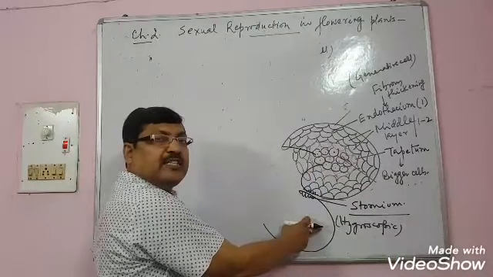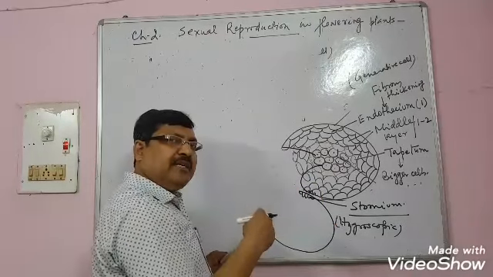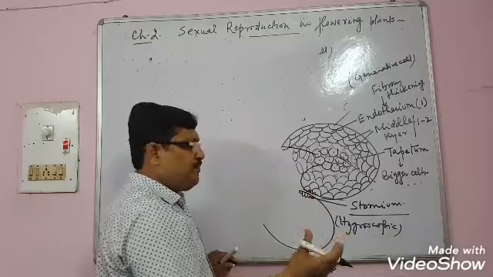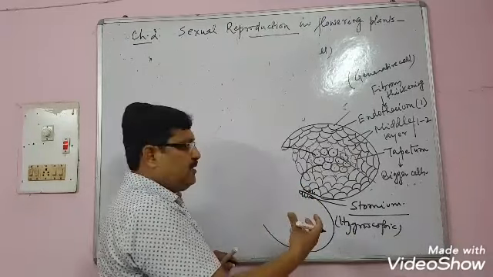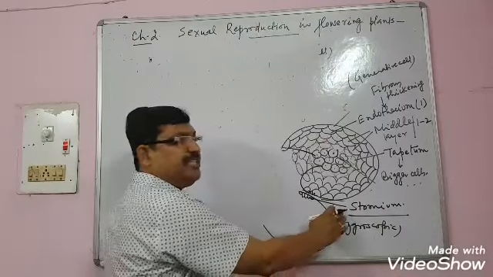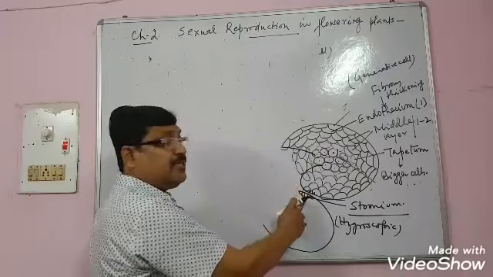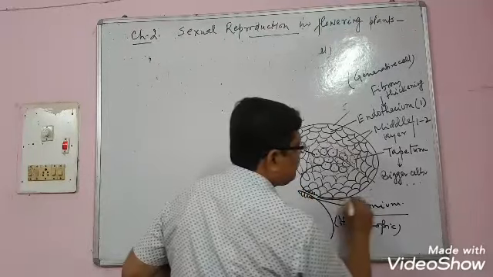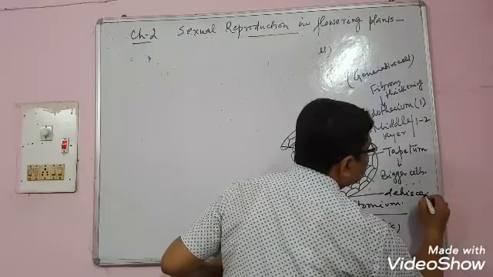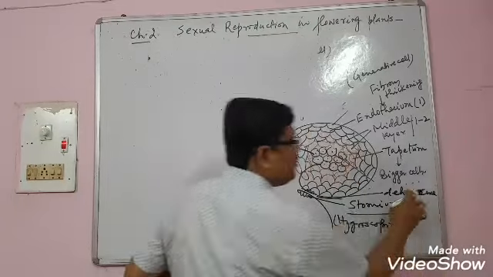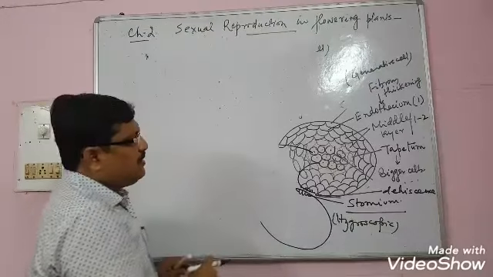And hygroscopic in nature means it will absorb the moisture from the atmosphere, and in the daytime the moisture will be lost, and resulting it will contract and relax simultaneously, and finally it will rupture. Means this is the point of dehiscence. This is the line of dehiscence of the microsporangia.